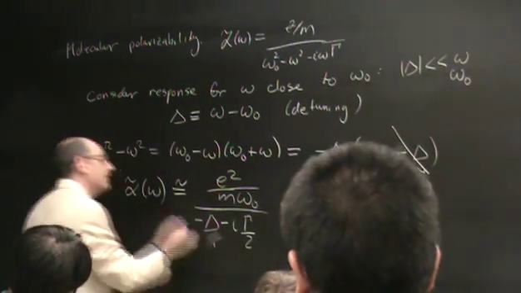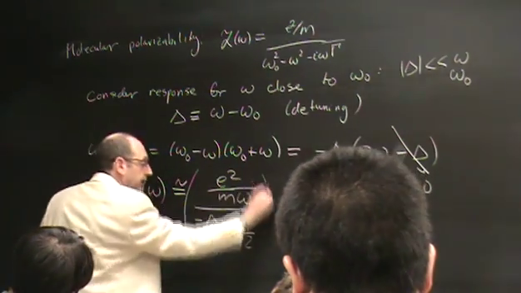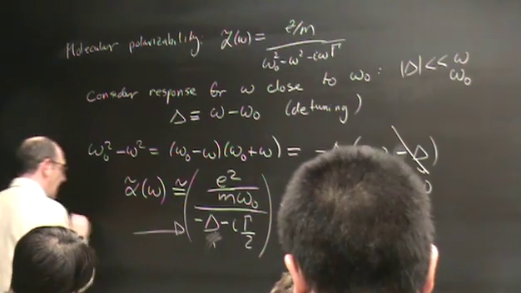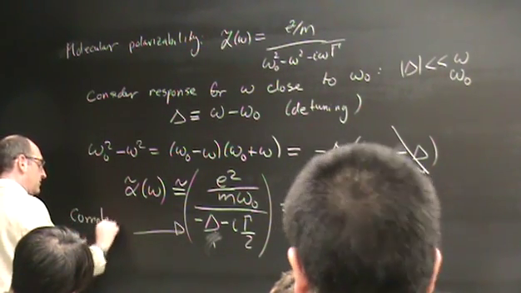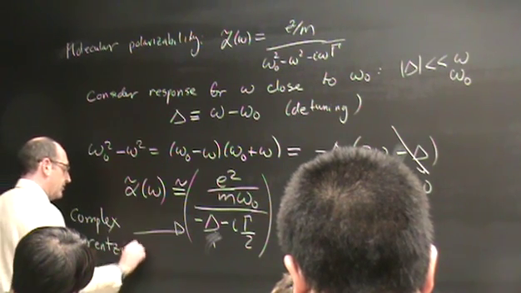Let us write this in terms of real and imaginary parts. This function, by the way, is known as a complex Lorentzian, for reasons I'll remind you of in a moment.